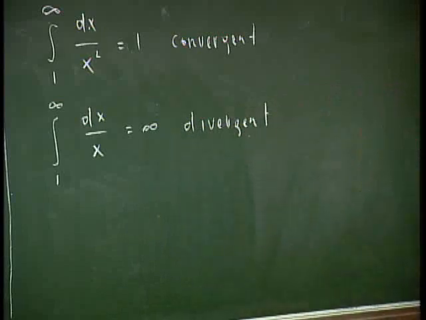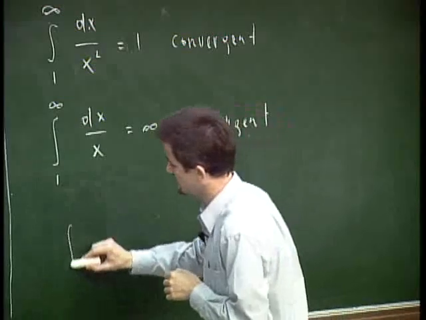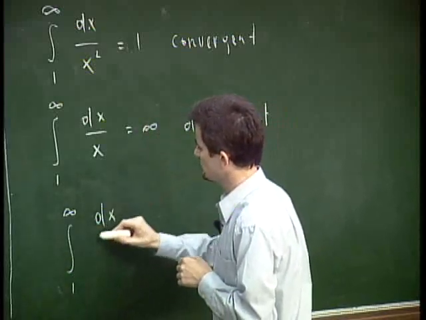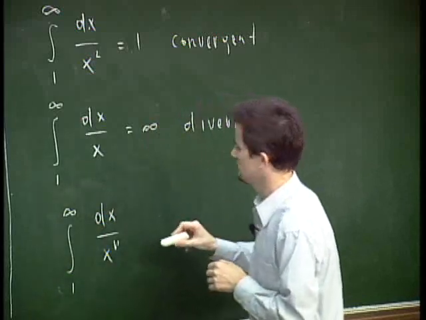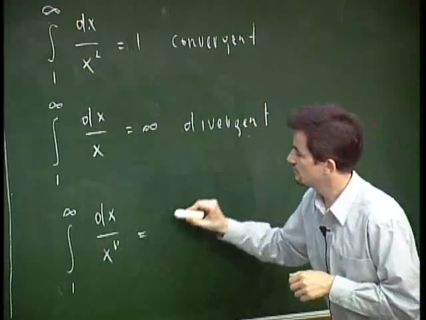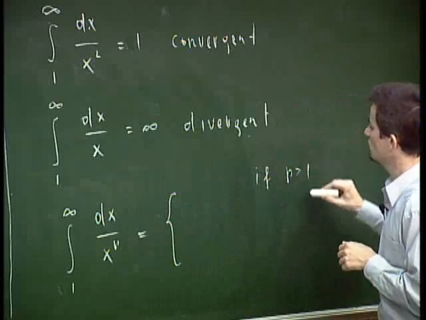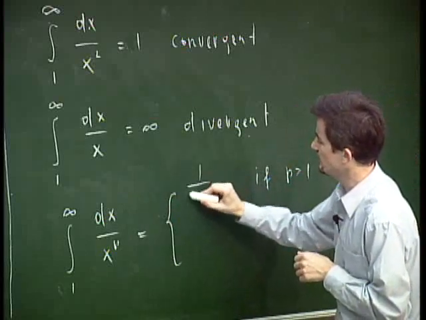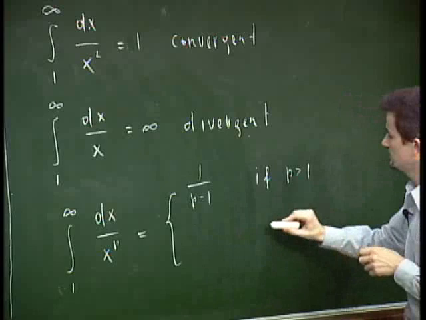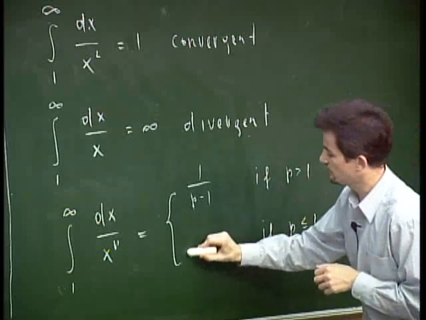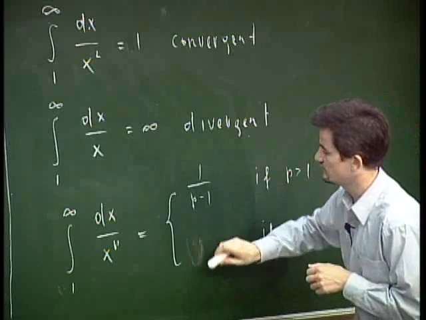More generally, we saw that if we look at the integral of dx over x to the p, then if p is larger than 1, it is convergent, and the value is 1 over p minus 1. And if p is smaller or equal than 1, it is divergent, or you can say it's infinity.